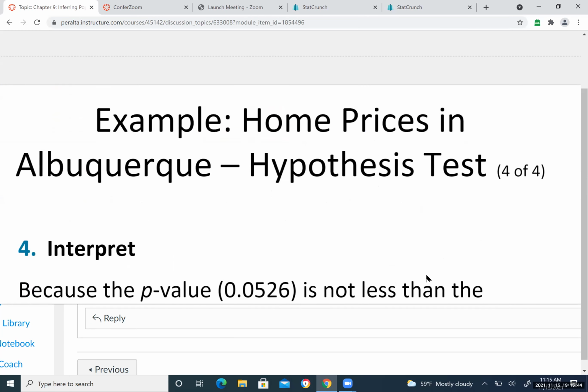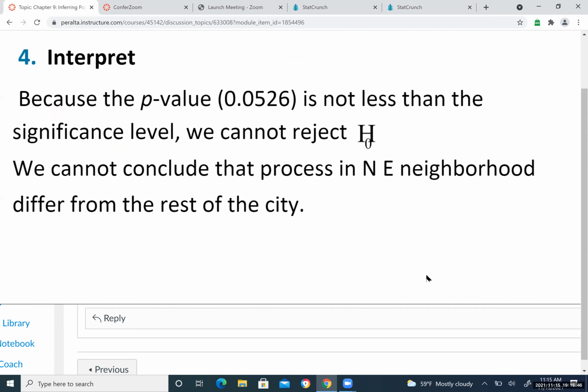You see the interpretation. Because the p-value 0.0526 is not less than the significance level, which is 0.05, we cannot reject the null hypothesis, which is we will agree with the null hypothesis, H naught. So we cannot conclude that the prices in the NE neighborhood differ from the rest of the city. That's the conclusion, the interpretation.